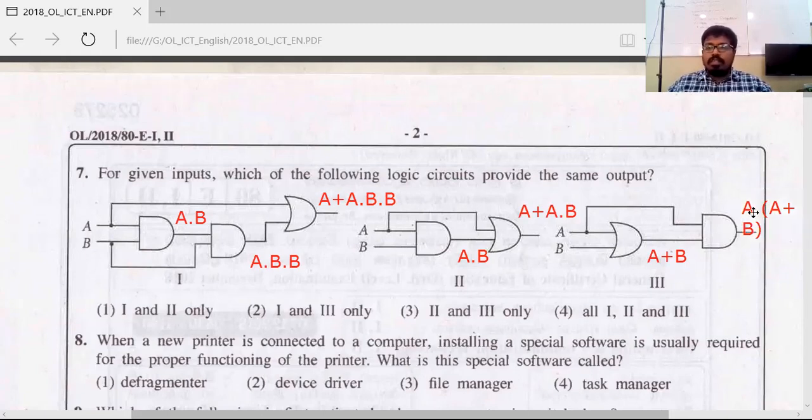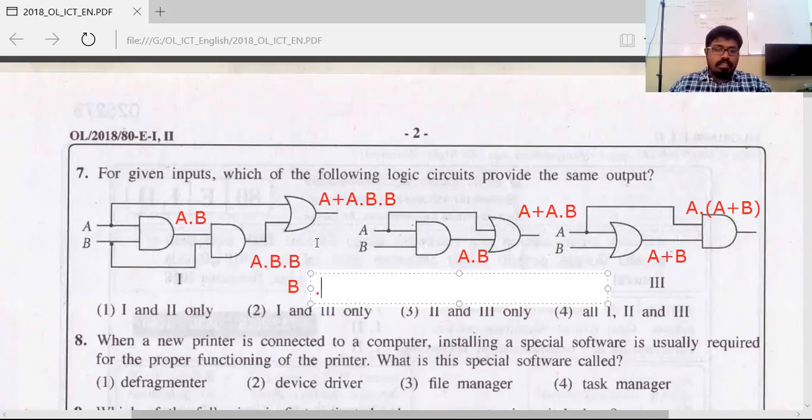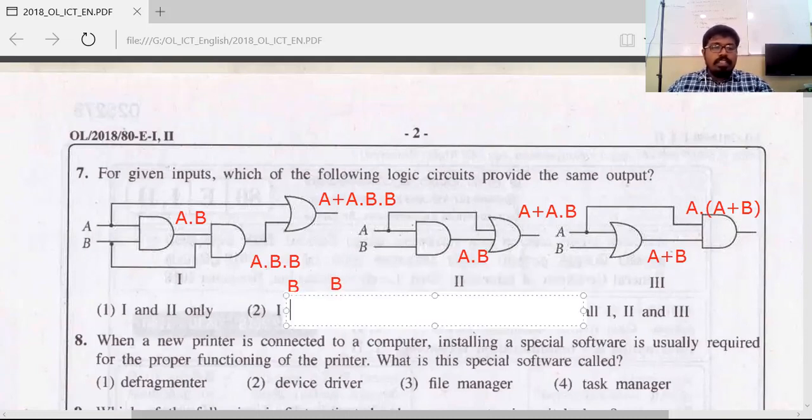So we have 3 output expressions. Right? I will give you a simple way of solving this one. Right? Here we have B dot B. Here it is B dot B. Right? So when both inputs are same, this is AND gate. If this is 1, this is 1.